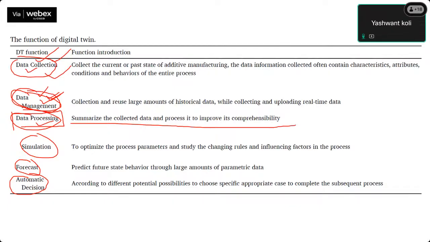Before actual fabrication, we can simulate the data sets and know what kind of defects can occur in future with these parameters. The traditional methods are like finite element simulation of temperatures, FEM, which everybody knows about. These simulations cover temperature, stresses, and residual stresses. That is the traditional method.